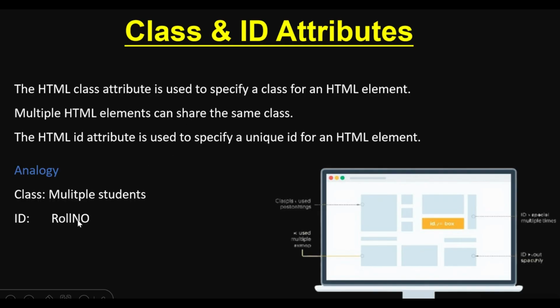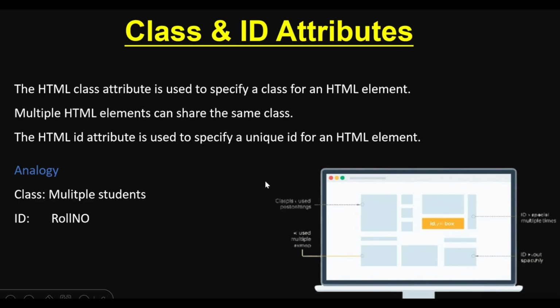Just like there are multiple students in the same class, multiple HTML elements can have the same class. But the HTML ID attribute is used to specify a unique ID for an HTML element. The ID attribute of an element cannot be duplicated.